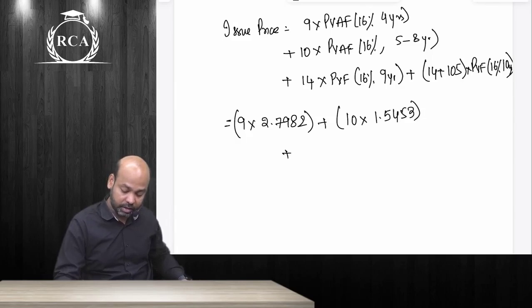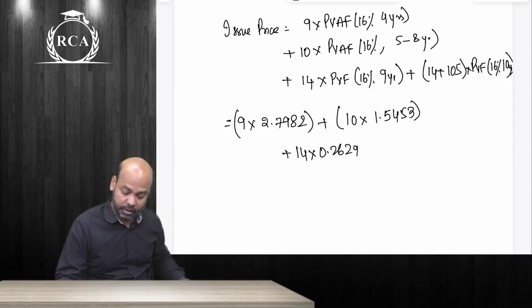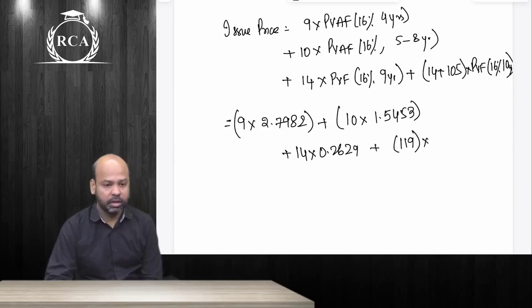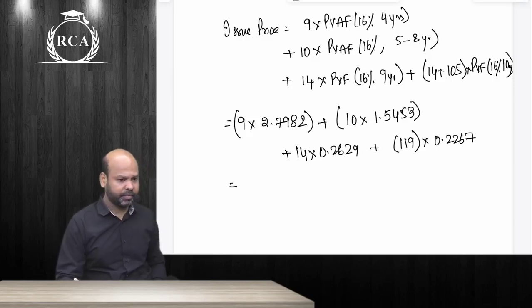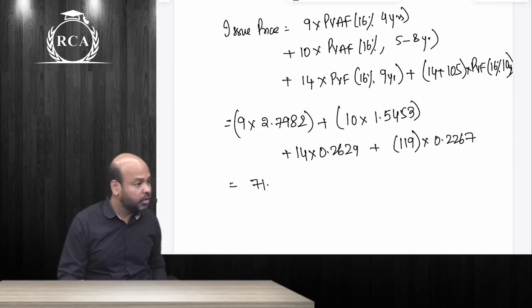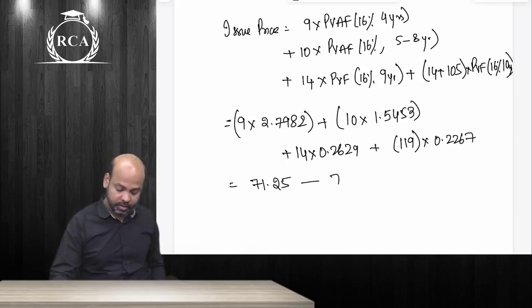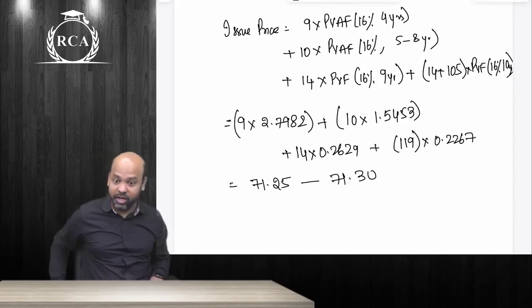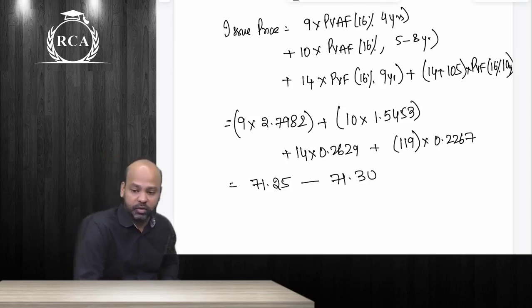Next, beta, 9th year का सिर्फ present value factor कितना है? 0.2629 plus this 119 rupees into present value factor for the 10th year. 0.2267. How much will this be, guys? 71.29. 71.25 to 71.30, guys, whatever answers that you have got. It can be 71.25, 26, 27, 28, 29.